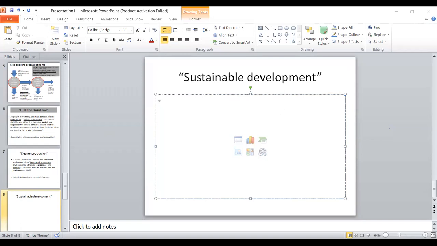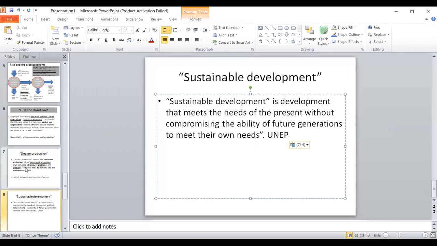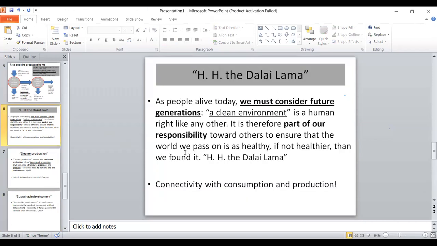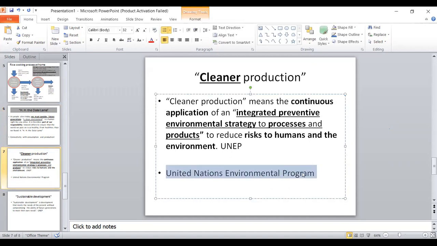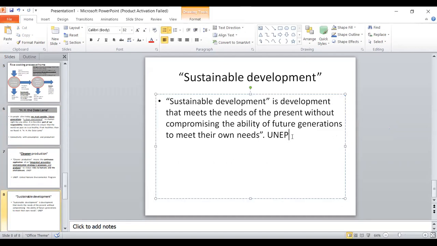The same way we have learned about sustainable development here, the United Nations Environmental Program, UNEP, also defines what sustainable development is.